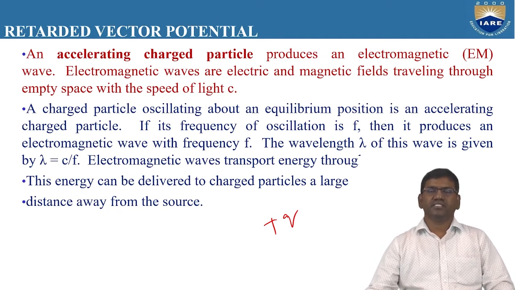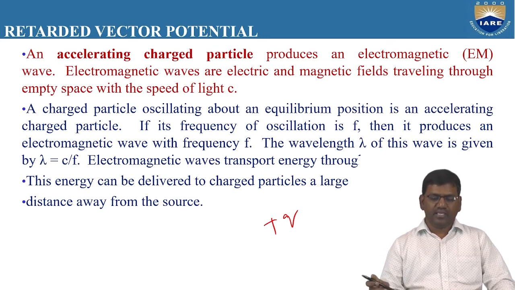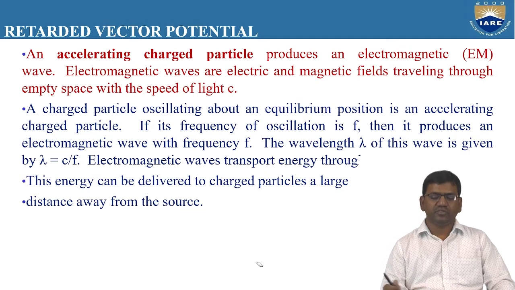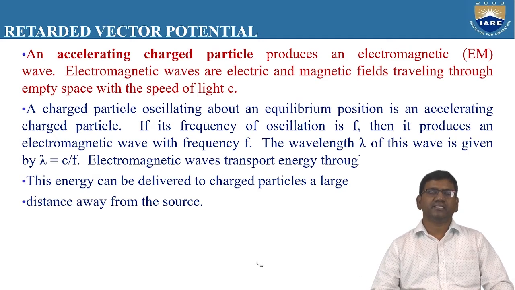That means these charged particles accelerate back and forth. When the charges fluctuate up and down, the radiation is going to happen. So an accelerating charged particle produces an electromagnetic wave.